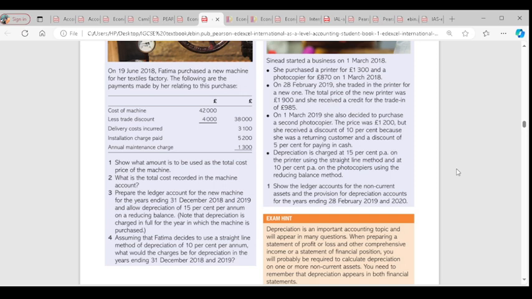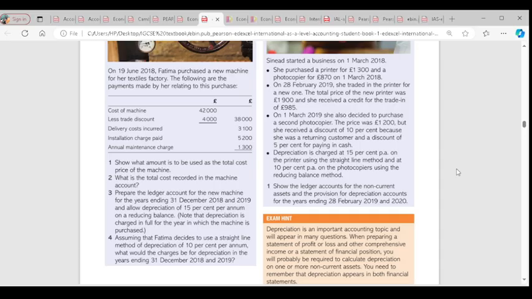So depreciation for the first year is 6,945. The value of the asset for 2018 minus 6,945 gives us the value for 2019. So the two depreciation values we have are 6,945 for 2018 and 5,903.25 for 2019.